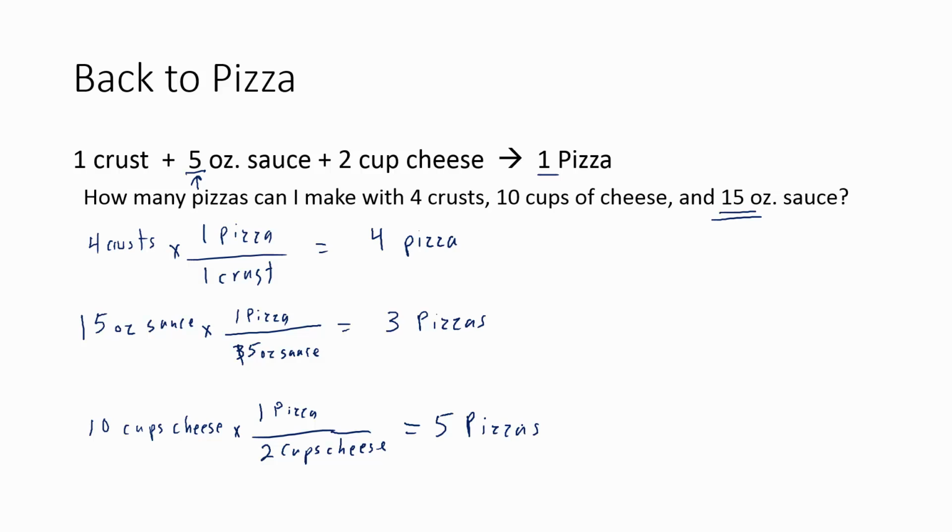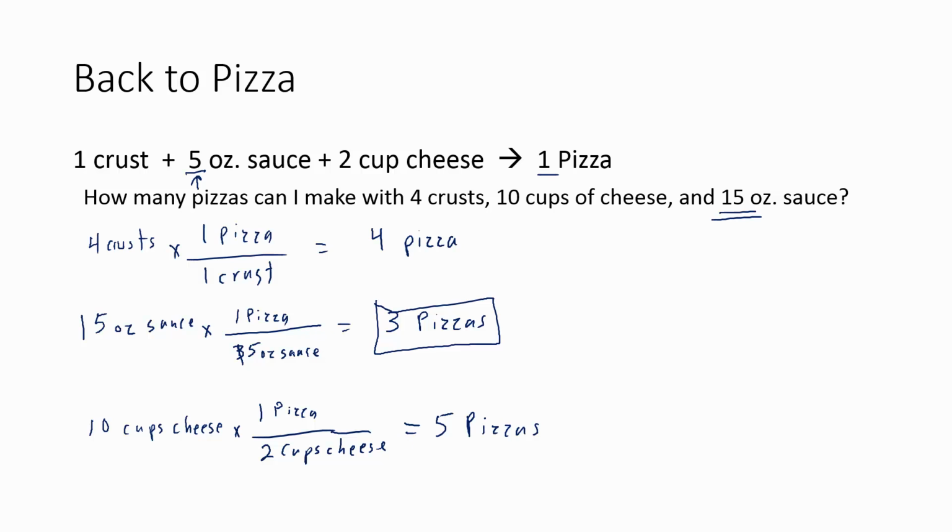So obviously I can't make 3 and 4 and 5 pizzas simultaneously. One of these has got to be the actual number of pizzas I make. Well, whatever makes the least number of pizzas must be the thing that runs out first, because as I get to the first pizza, I have enough. Second pizza, I have enough of everything. Third pizza, I've just run out of sauce. I go to make the 4th pizza, I don't have any more sauce.